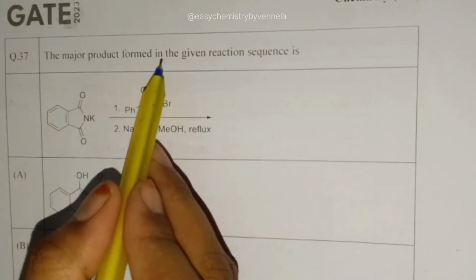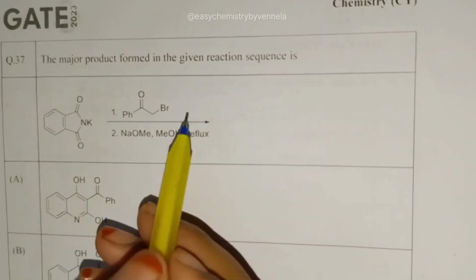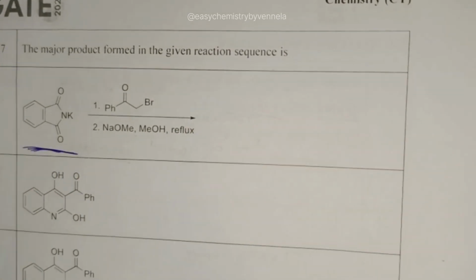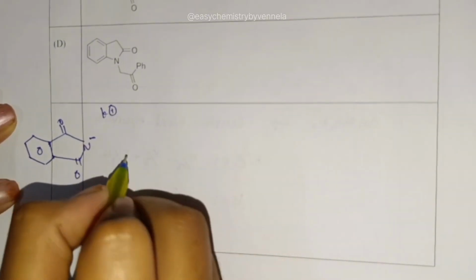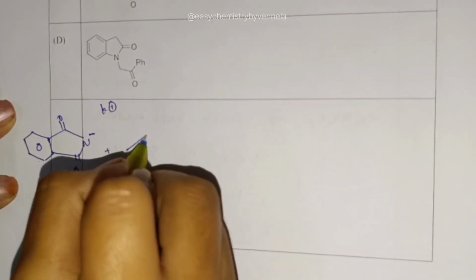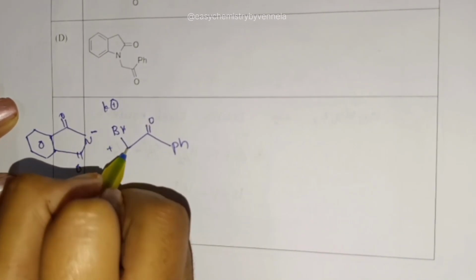So our next question is, the major product formed in the given reaction sequence is. So this is the question. Here you can write like this. N minus, K plus, double bond O. Here it can react with phenol, double bond O, bromine. It will attack here.